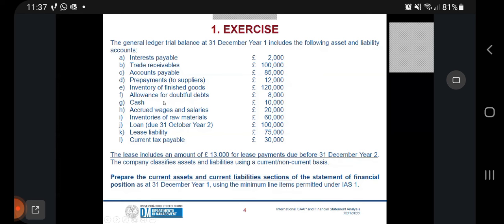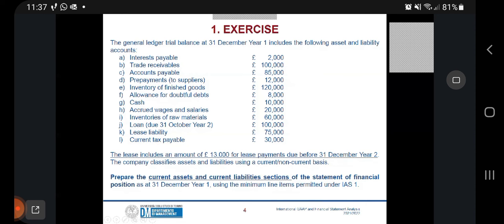And please consider that the loan is due at the 31st October year 2, while the lease includes an amount of 13,000 for lease payment due before 31st December year 2. The company classifies assets and liabilities using a current and non-current basis. And so you have to prepare the current assets and current liabilities section of the statements of financial position at the 31st December year 1.